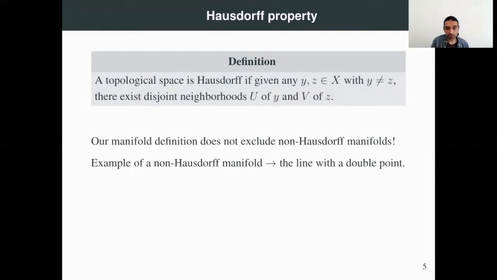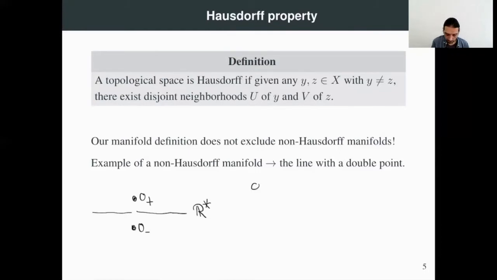For instance, we could consider the line with a double point. What is that? We take R, remove the origin, and replace this origin with two points that we can call 0+ and 0-.